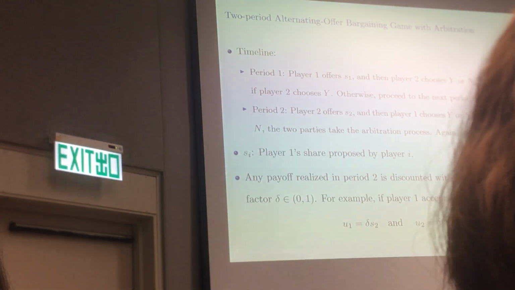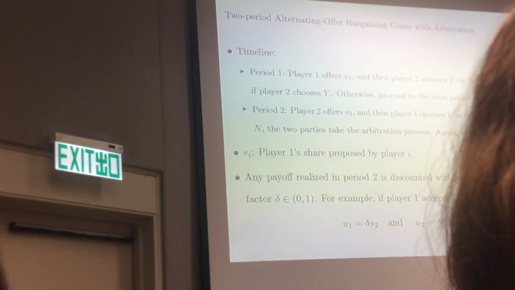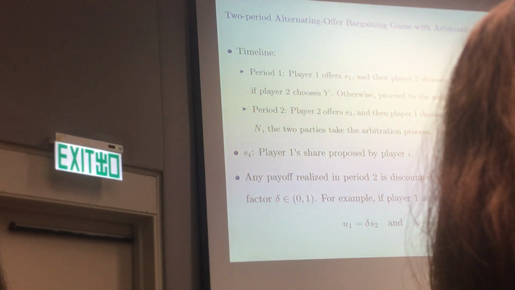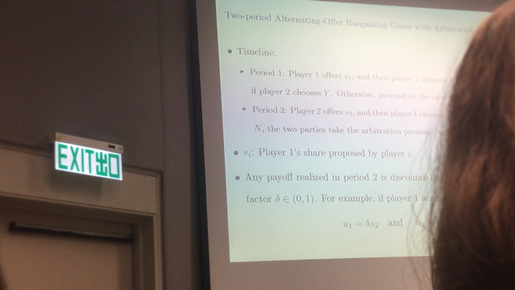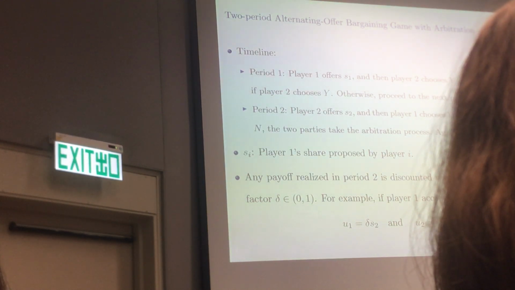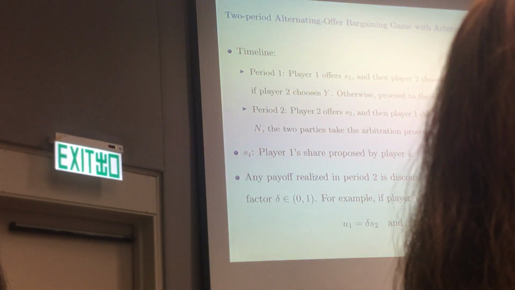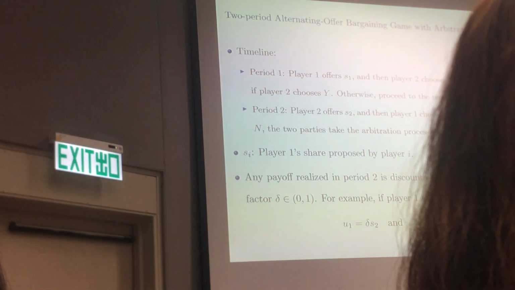And if I say S2 is 1/3, then the subscript 2 means it is a proposal made by player 2, but S2 itself represents player 1's share according to that proposal.